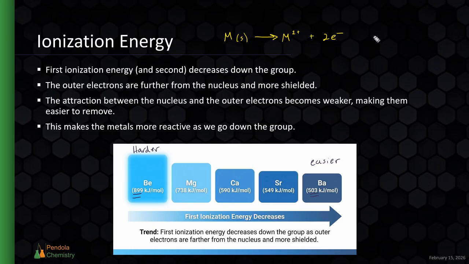Whenever we do this, that is going to take the first ionization energy plus the second ionization energy. And I just wrote that backwards. Let me fix that. It's EI1 plus EI2. So this is going to take the first ionization energy plus the second ionization energy.